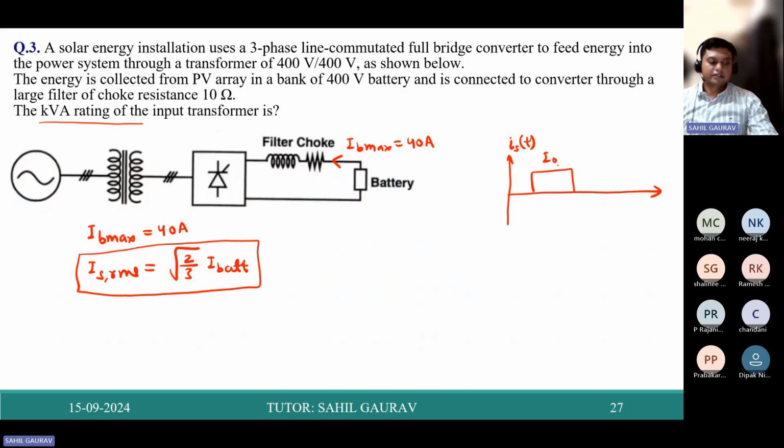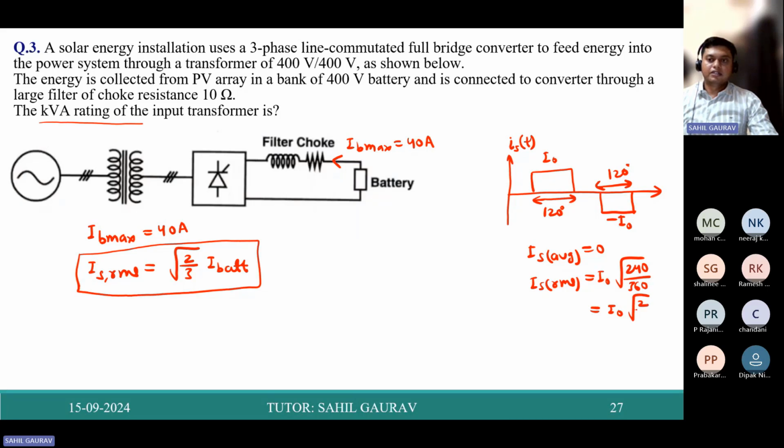So this is I naught, this is for 120 degree, again for 120 degree, this is minus I naught. So IS average will be 0. And this IS RMS will be I naught times root of 240 upon 360. So it comes as I naught into root 2 upon 3. So IS RMS will be root 2 upon 3 times I battery. I battery is 40.